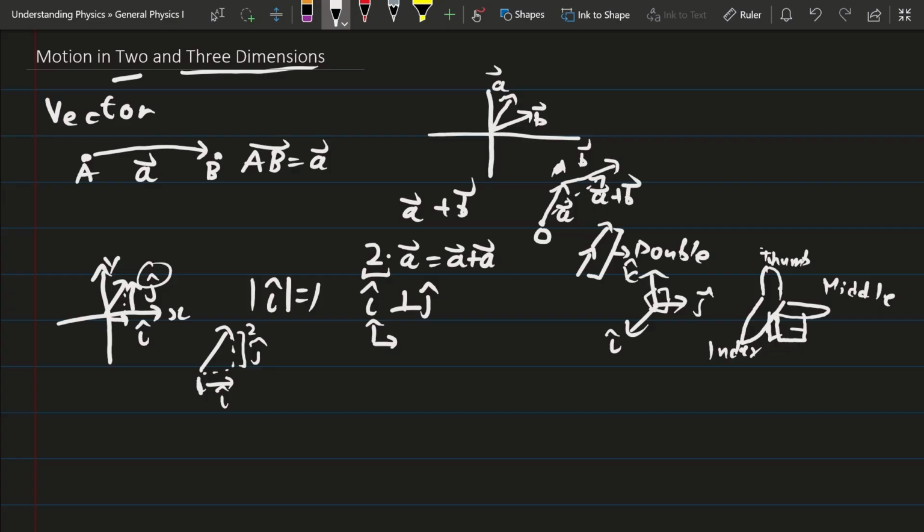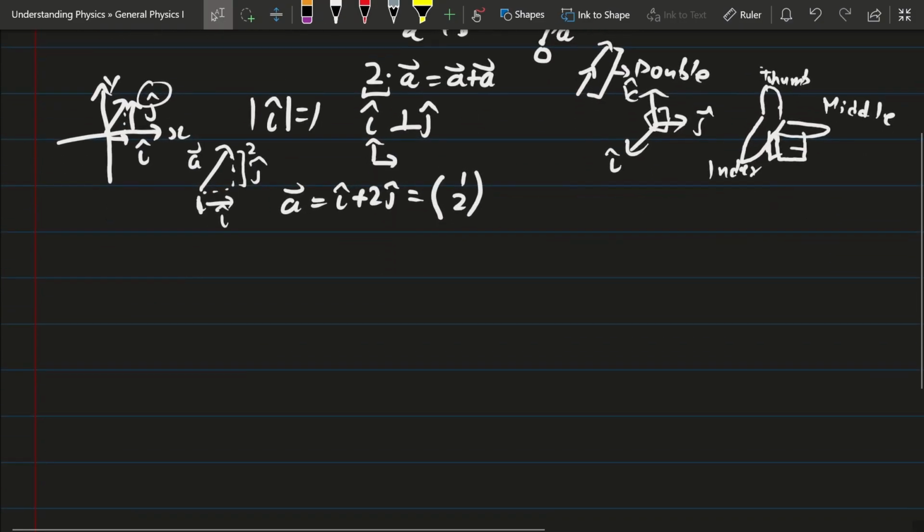So let's say vector A is something like this. So we could actually define the vector A to be i hat plus 2j hat, or sometimes I normally write it as (1, 2). And if you do addition, addition is very easy for you to do. So let's say vector B will be 2i hat plus j hat.